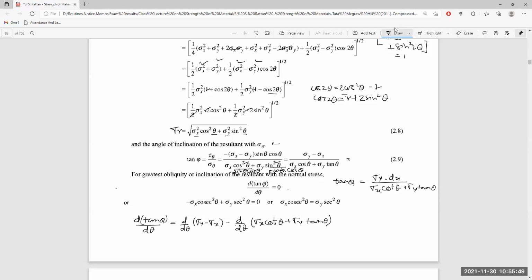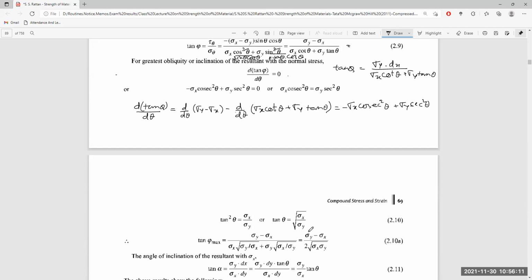Yes. So this will be equal to minus sigma x cos square theta plus sigma y sec square theta. Here we are putting it equal to 0.